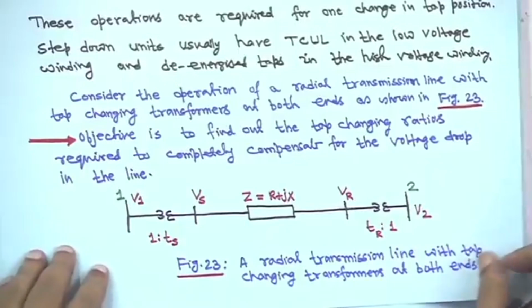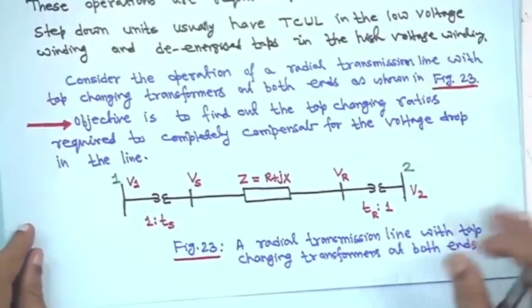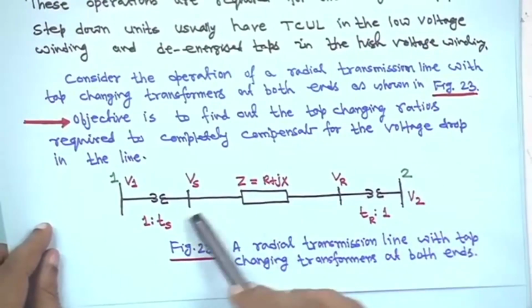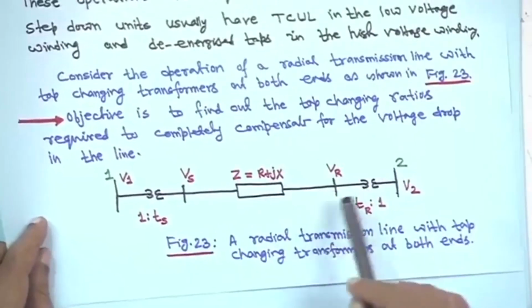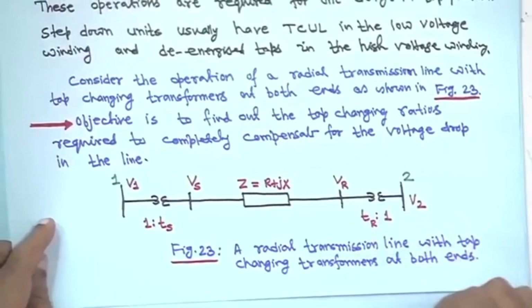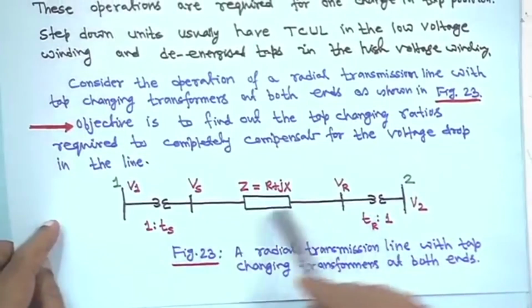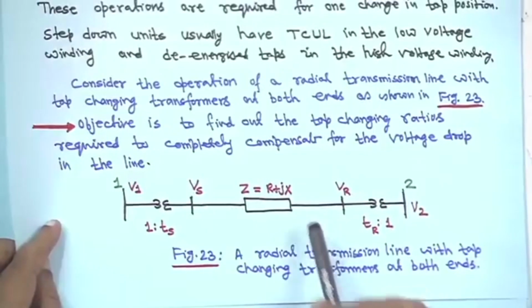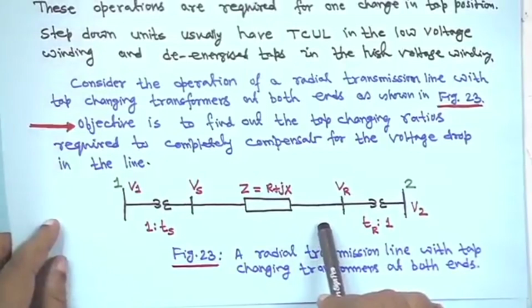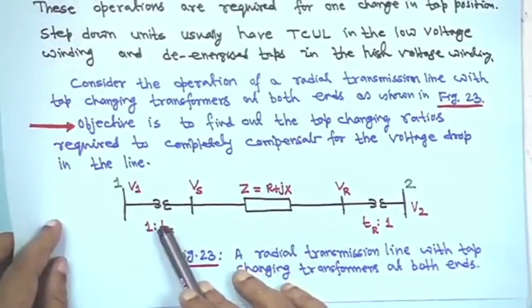So, now for a little bit of further understanding, consider the operation of a radial transmission line. Just for the purpose of understanding, we have taken a radial transmission line, right, with tap changing transformers on both sides, this side and this side.